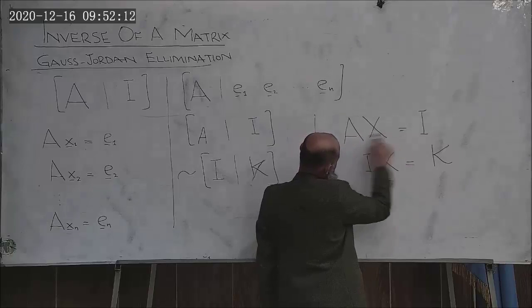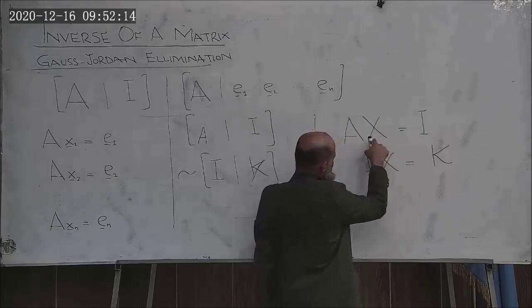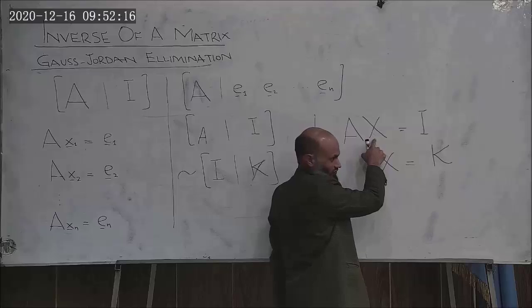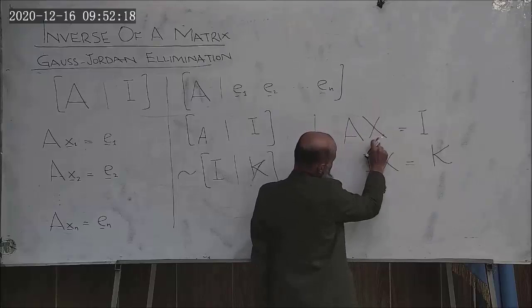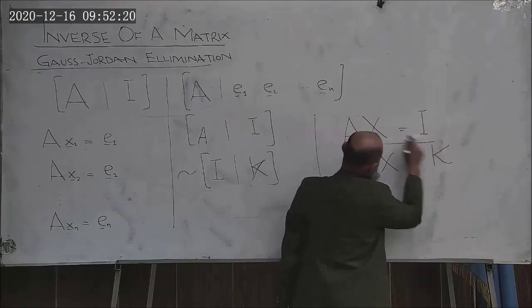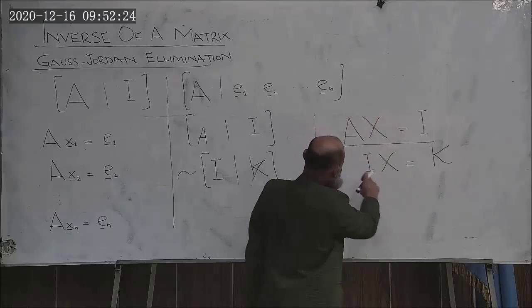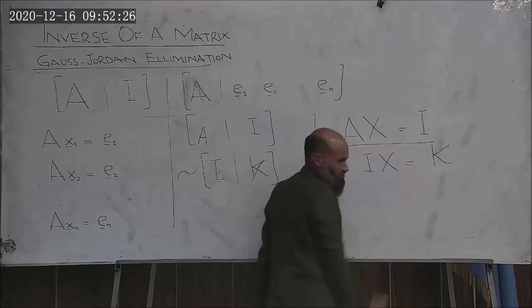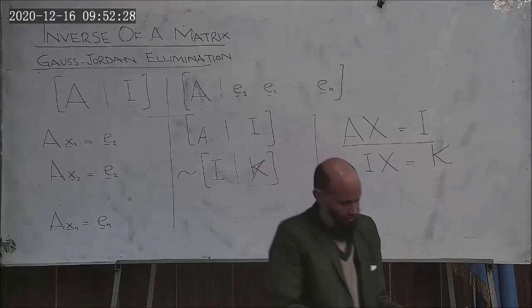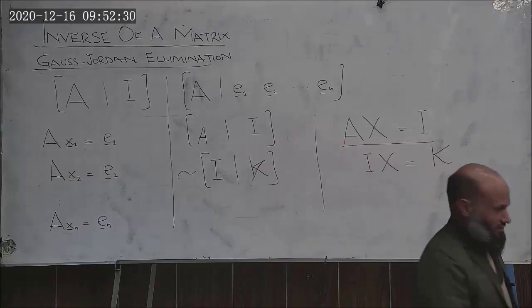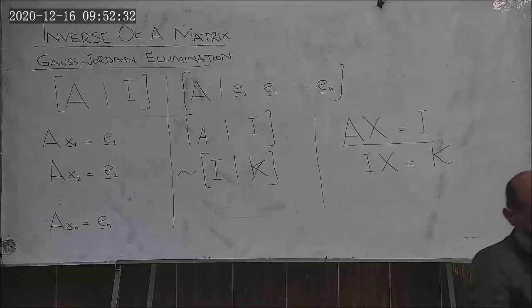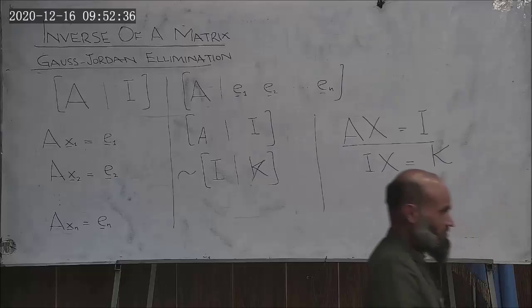If X satisfies this equation, then X is the inverse of A. And here we have found this thing. Therefore, this procedure gives us the inverse of that matrix, right?